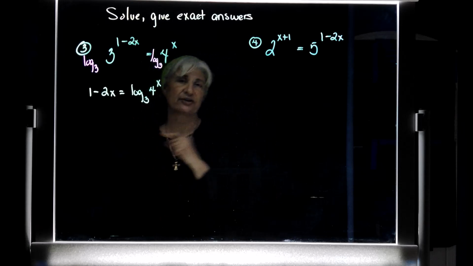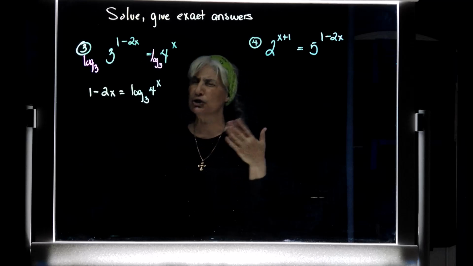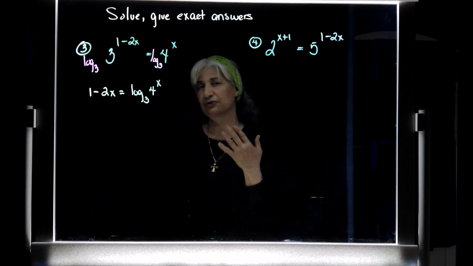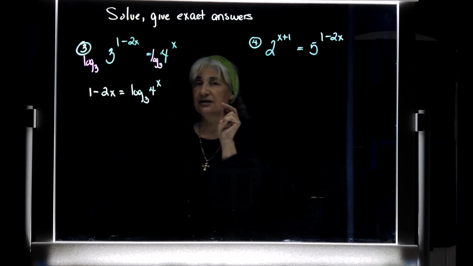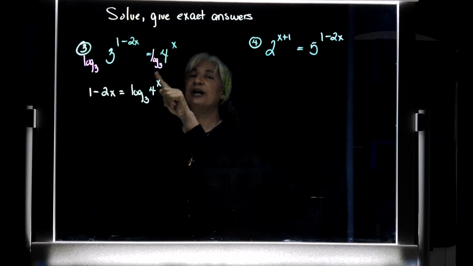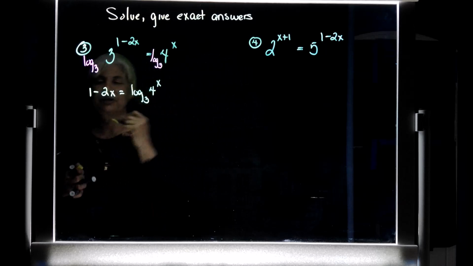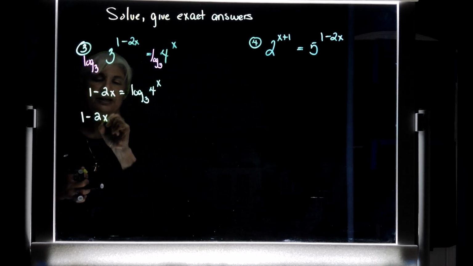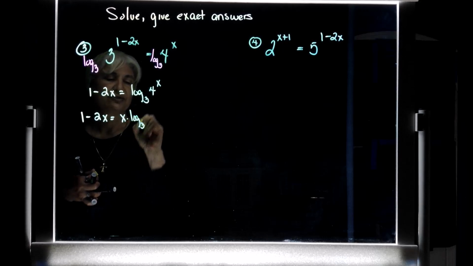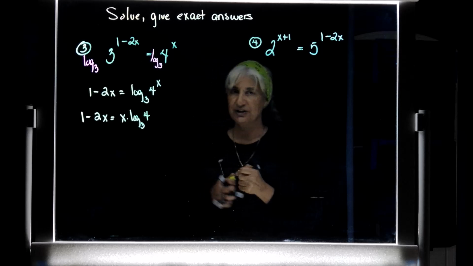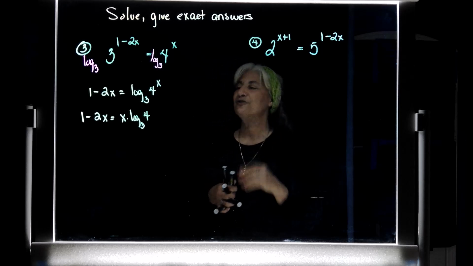But there's a log here, correct? So remember a property of logs? What does it allow me to do as long as there's a log? It allows me to take the power and bring it down to the front. So that means we have x times log base 3 of 4. Good? Okay, wonderful.